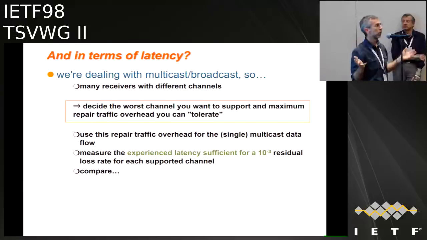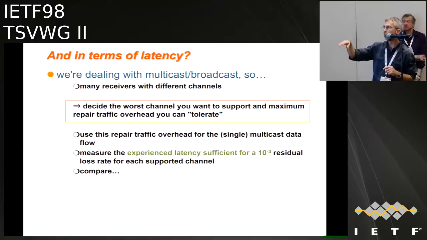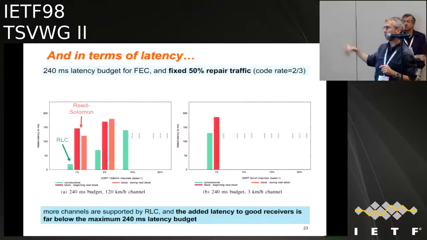All of this is made so that the latency budget is always respected. But with RLC codes, there are situations with good receivers where the experienced latency is much lower. I don't have time, so I will skip this slide and the next one.